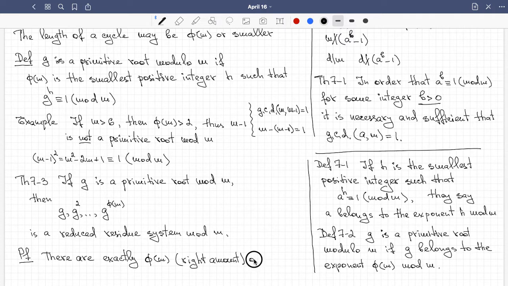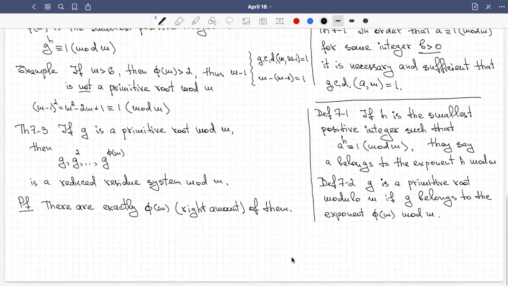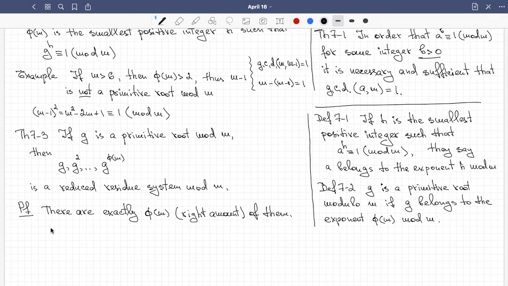They all satisfy that the greatest common divisor of every one of them, whatever J is, and M is 1, simply because we started with a primitive root, which is an element of a reduced residue system in the first place.